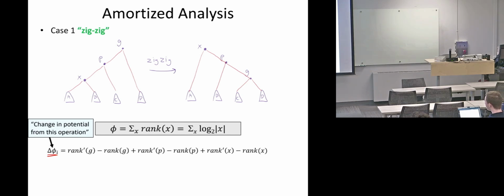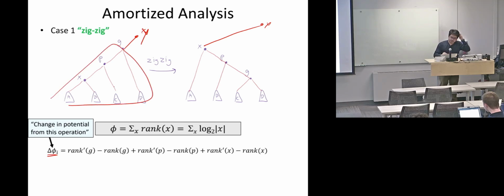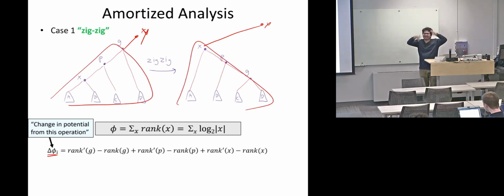The rank of the nodes above the grandparent g stays the same too, because from the perspective of, say, this node y, you just rearrange something in its subtree, so the rank of y wouldn't change.